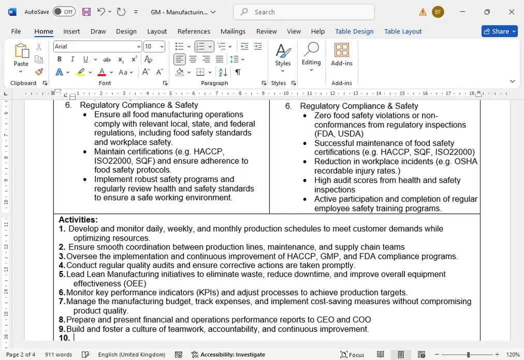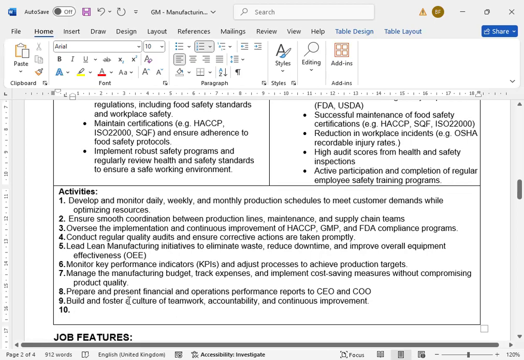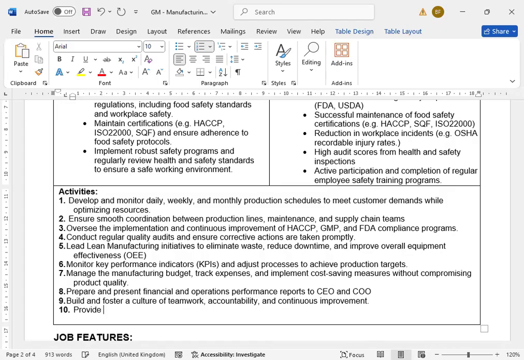Then, okay, I'm gonna add one more activity. The CEO will not say that this employee, this role is not doing anything. Right. So provide coaching, training, very important for employees. I don't like companies that are not doing training for their employees.